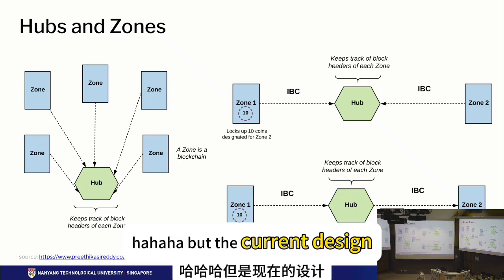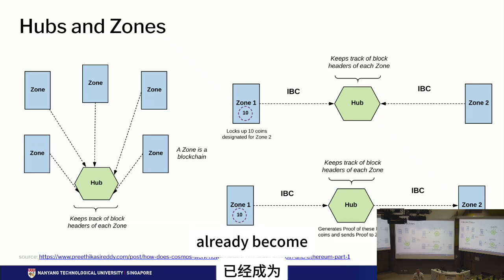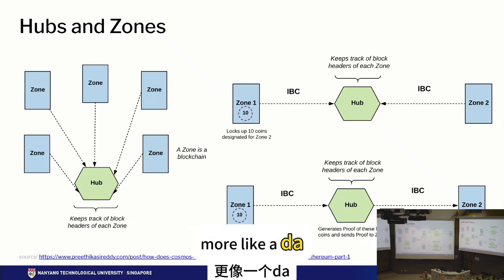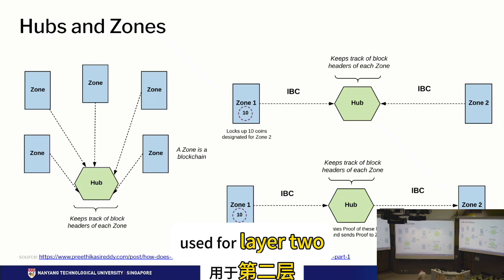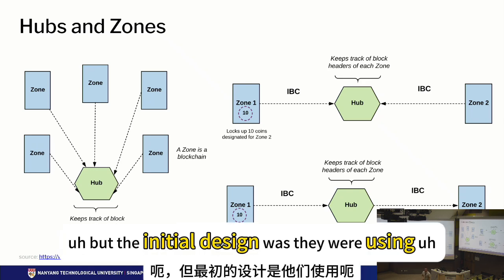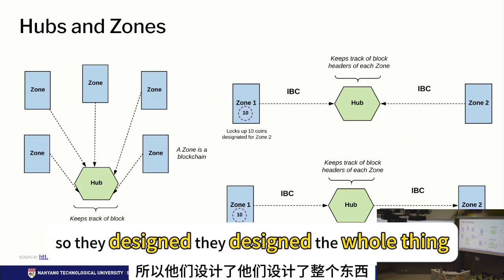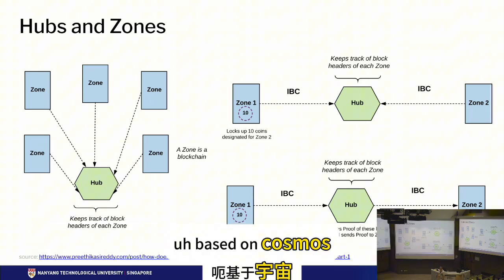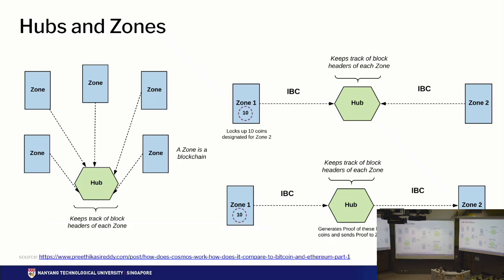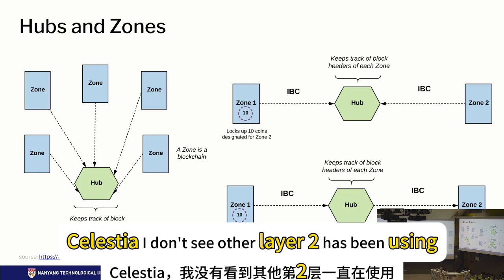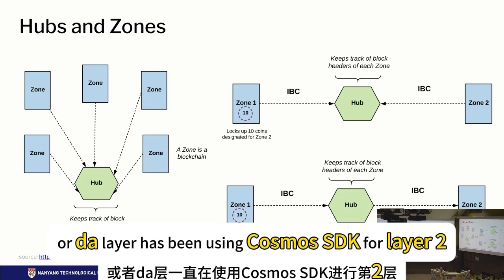But the current design, they actually changed multiple iterations already, and it has become more like a DA used for layer 2. But the initial design was they were using Cosmos SDK, so they designed the whole thing based on Cosmos. But other than Celestia, I don't see other layer 2 or DA layers using Cosmos SDK for layer 2.